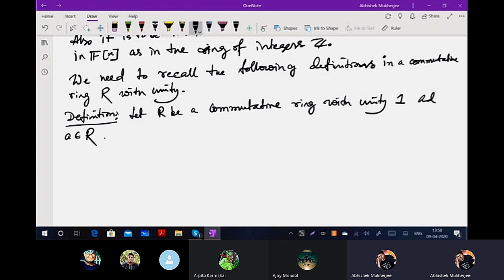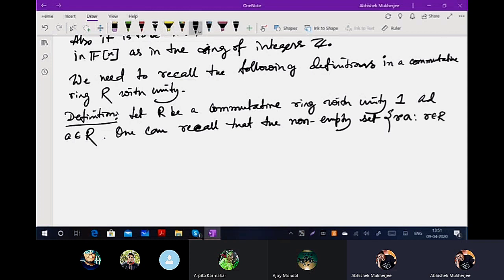So one can recall that the non-empty set {ra : r belongs to R} forms an ideal in R containing a.